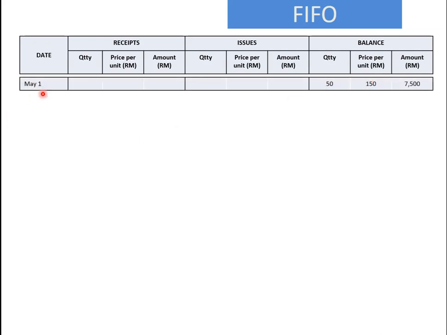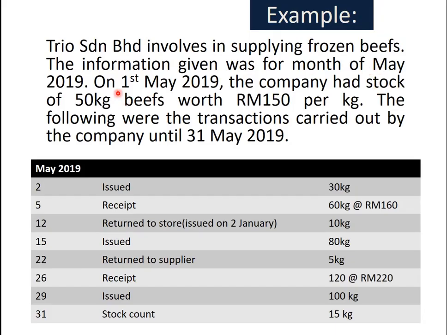On 1st May, we record the opening balance, which is 50 kg at Rm 150 per kg. This info is from the question, which is on 1st May 2019, the company had stock of 50 kg beef worth Rm 150 per kg. So this is the opening balance.